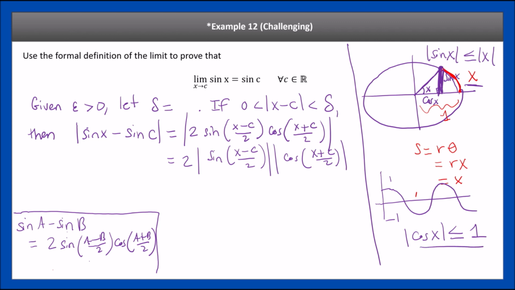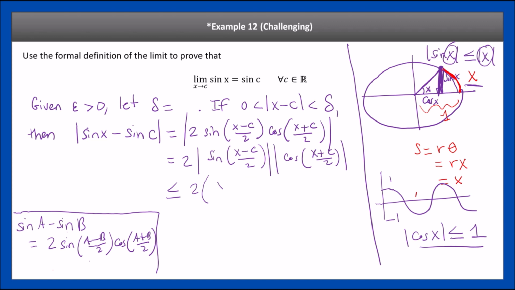Okay, so with that in mind, if we combine those results, we get that this is less than or equal to 2 times whatever's inside here for the sine. Because if we use this, sine of x is less than or equal to x, well then sine of (x minus c) over 2 is less than or equal to (x minus c) over 2.